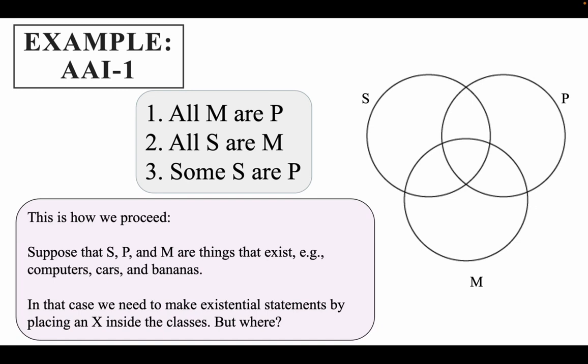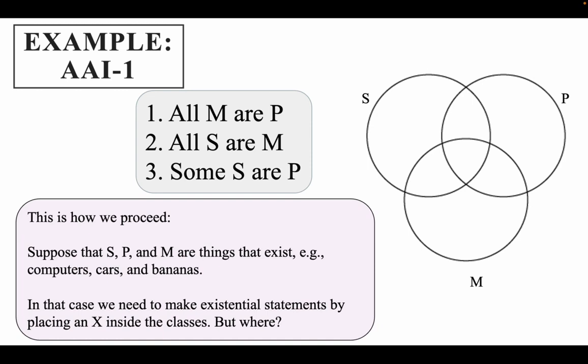Immediately, your alarm should go off when you see universal premises and a particular conclusion. Your alarm should go off and say, wait a minute. Any syllogism that has universal premises and a particular conclusion could potentially be valid under certain conditions.